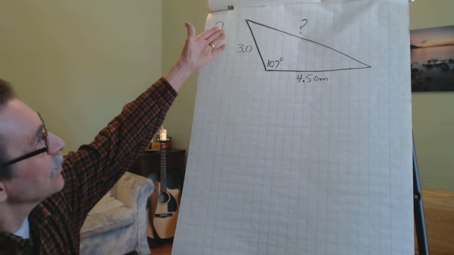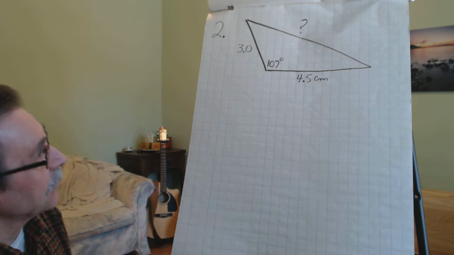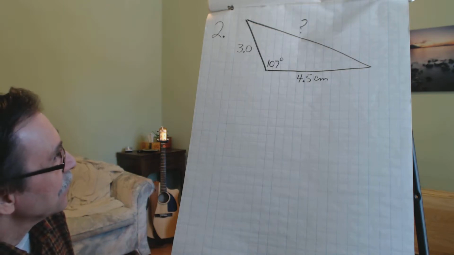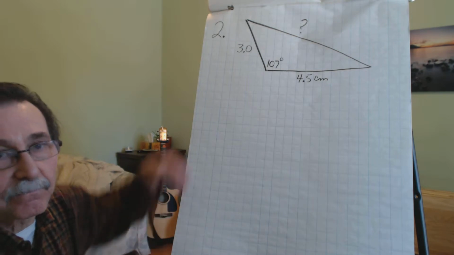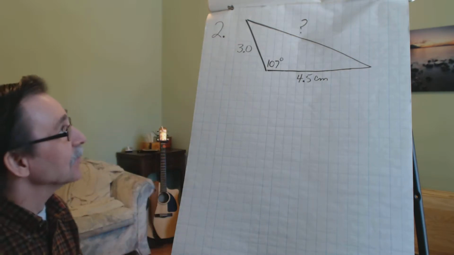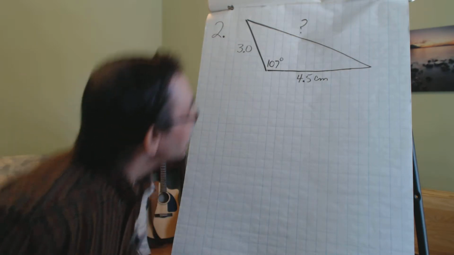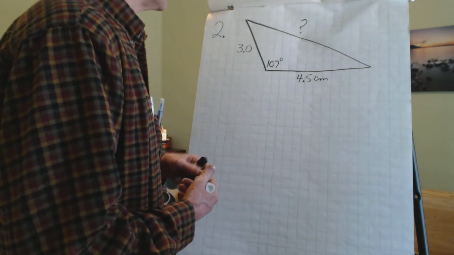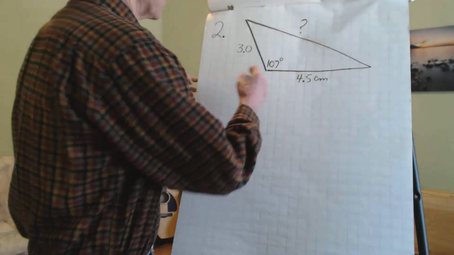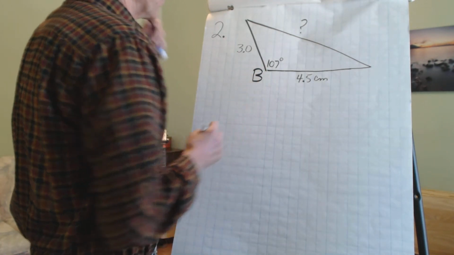And I also have not labeled it yet. I would love to be able to ask, what do you want to label this as? But obviously that's not going to work. So we're going to call this A, B, and C. And I'm going to call this angle here B. That's what I have on my notes anyway.